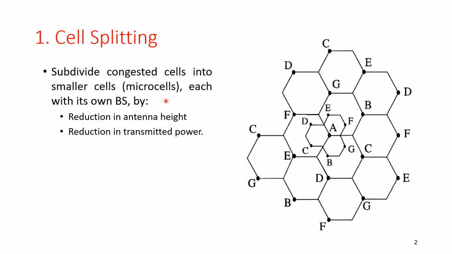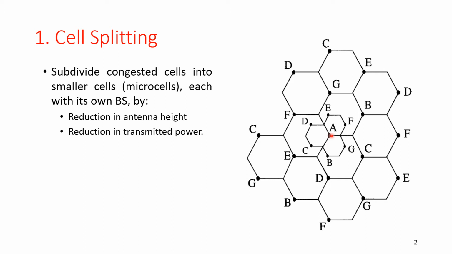Of course, to do this, we need either a reduction in antenna height or a reduction in antenna power, one or both of them. So let's say that these cells are congested, so we can have microcells, smaller cells in size, and now we have to have additional base stations. We'll have microcells, and each of them will have its own base station.